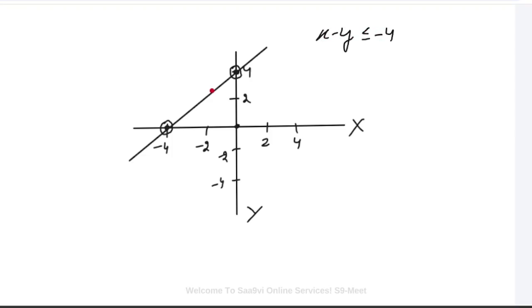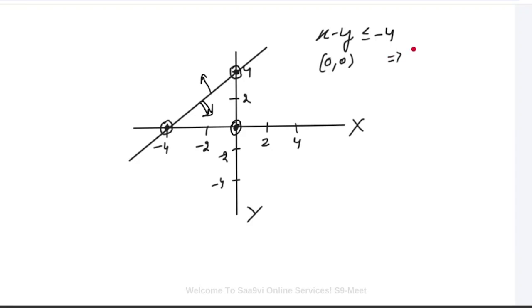Now we need to understand whether the above part of the line or the below part of the line is going to satisfy this equation. So if I see x minus y less than or equal to -4, let's put x and y as 0, 0. That means we are talking about the bottom region, because (0, 0) lies here at the origin. Is 0 minus 0, that is 0, less than or equal to -4?